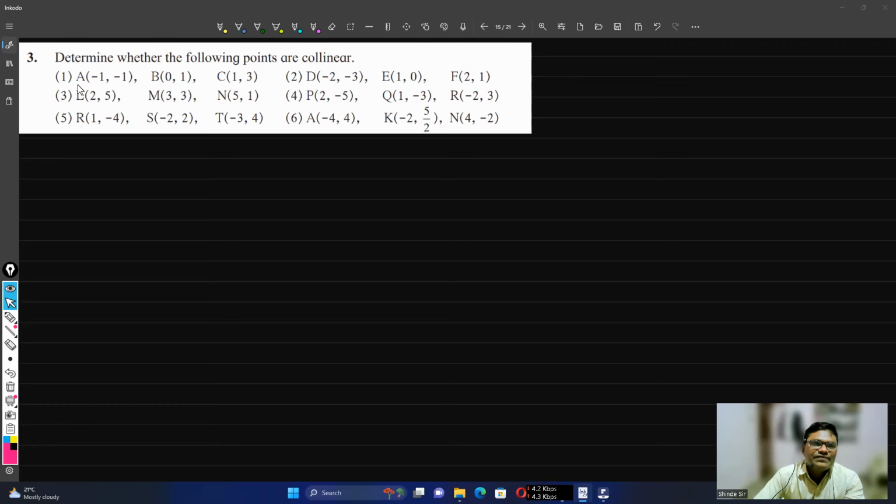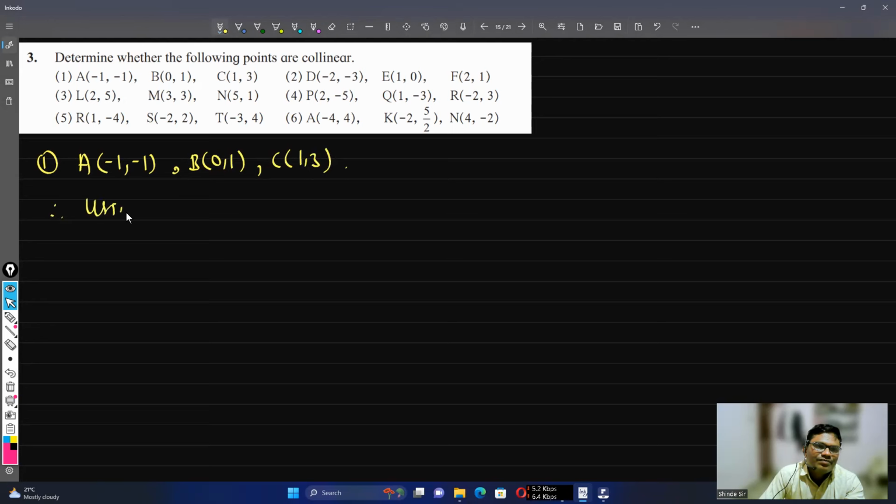Okay, so let's find the slope of AB and BC in sub problem number 1. Let's write the given points. A, whose coordinates are -1, -1, B's coordinates are 0, 1, and C's coordinates are 1, 3.